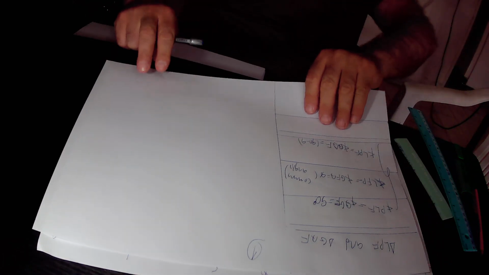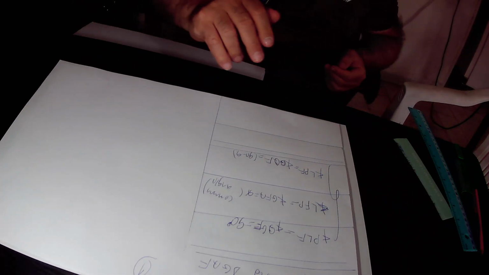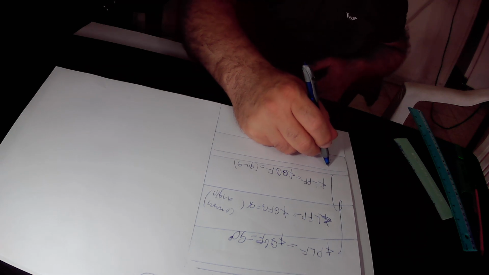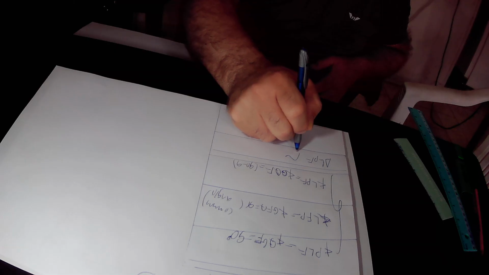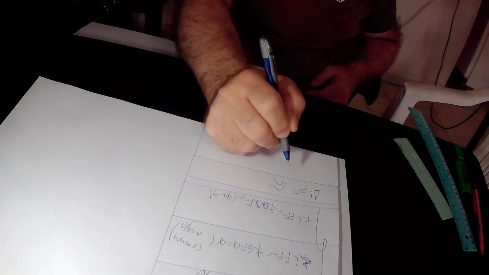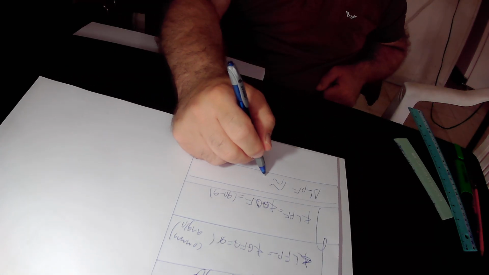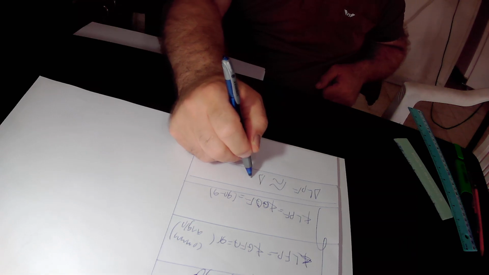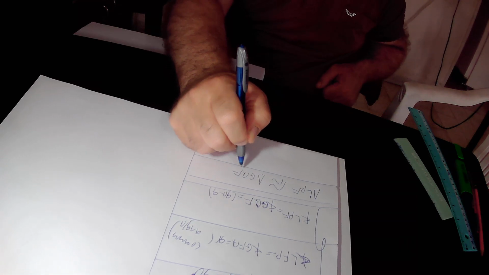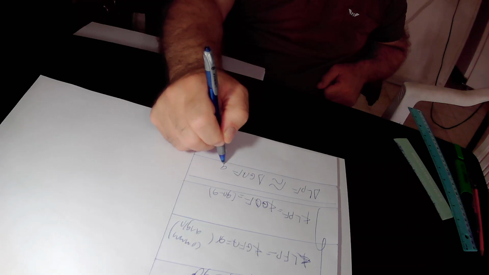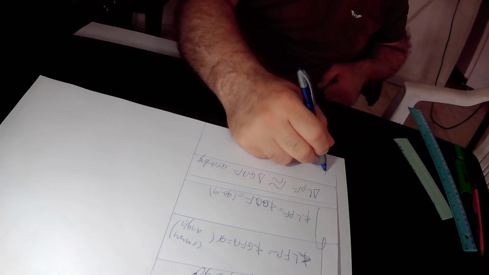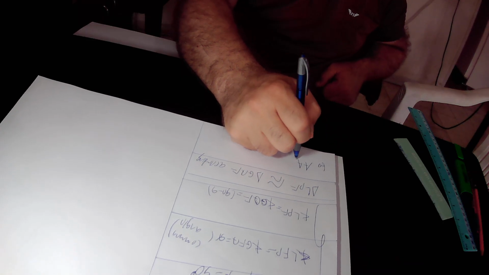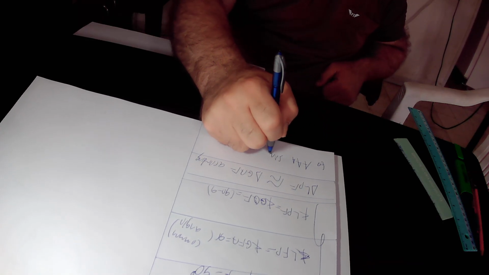So I write it down: the big right triangle LPF is similar to the small right triangle GQF according to the angle similarity rule.